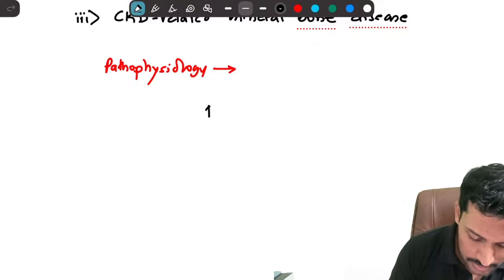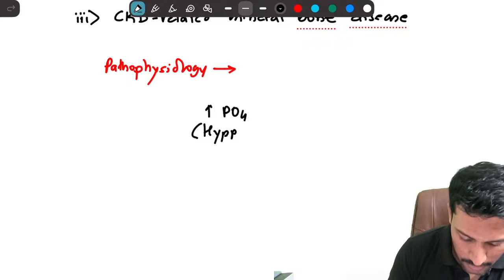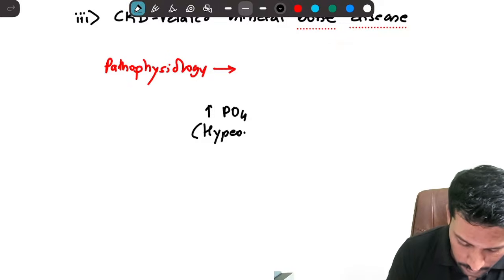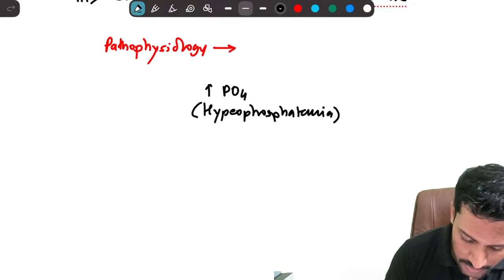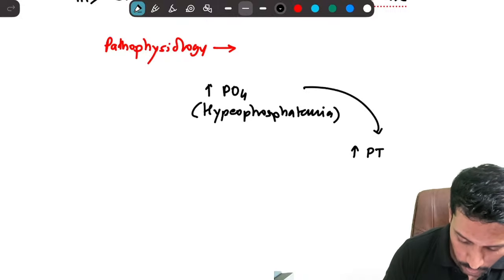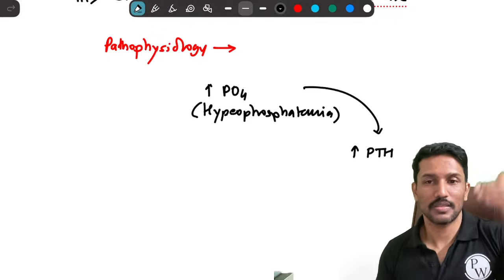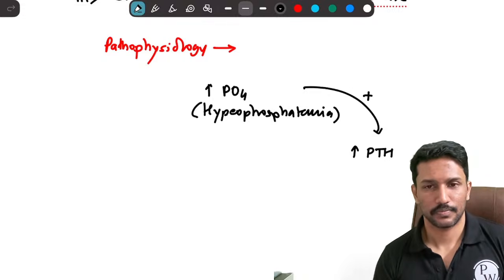So we will have increased phosphate values, what you call hyperphosphatemia. And hyperphosphatemia is a potent stimulus for increase in parathormone. PTH levels increase in response to hyperphosphatemia.